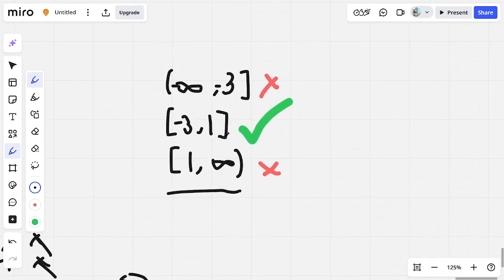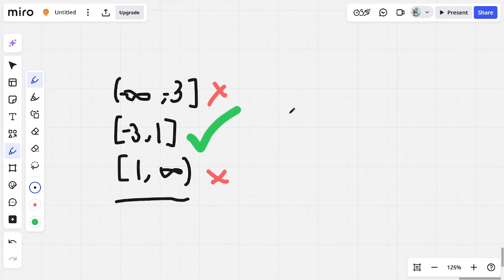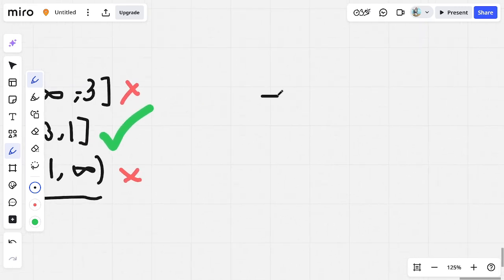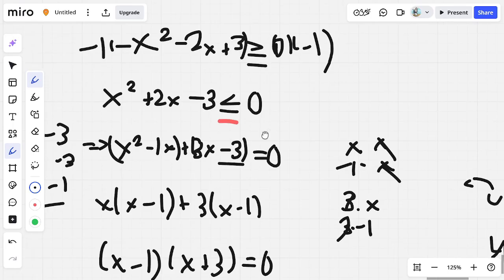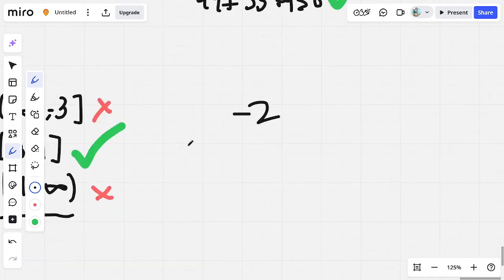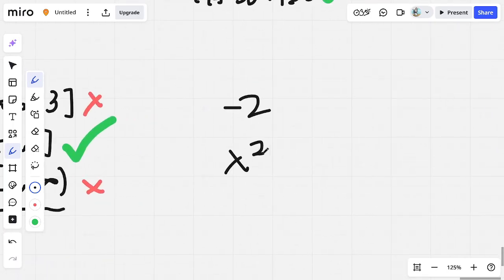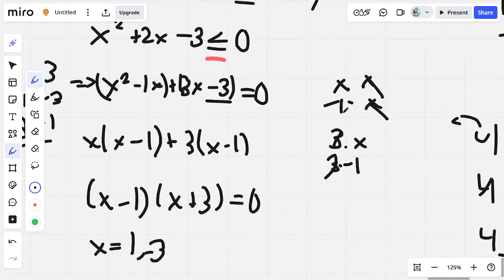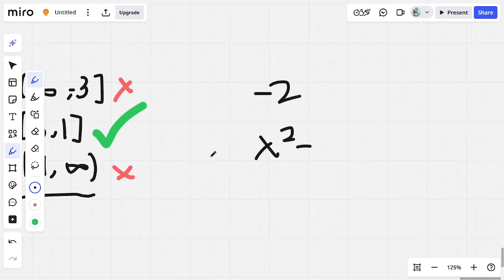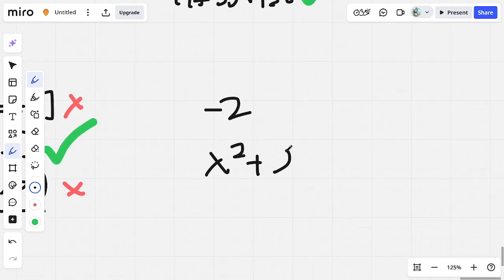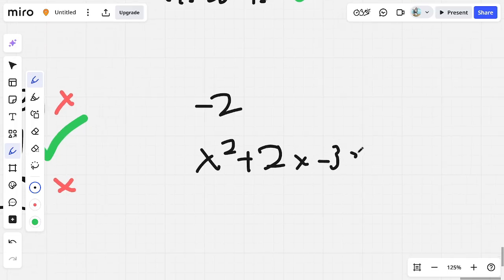Let's grab test numbers from this. So let's say -2. x squared plus 2x minus 3 is less than or equal to 0.